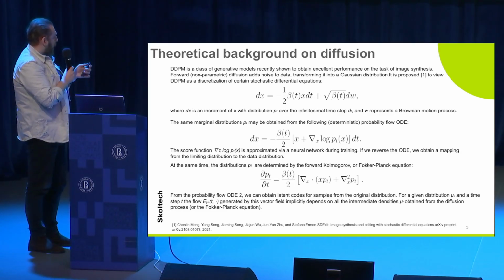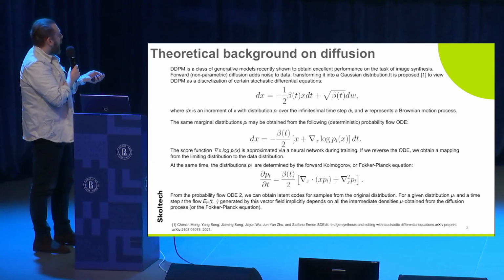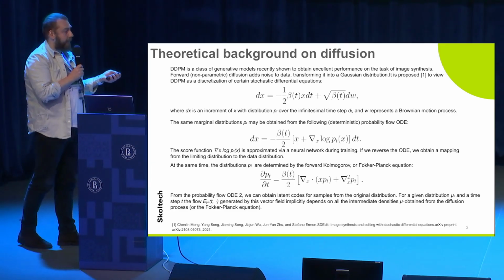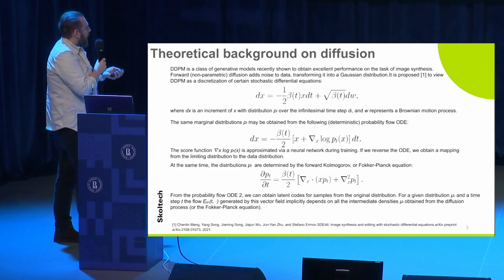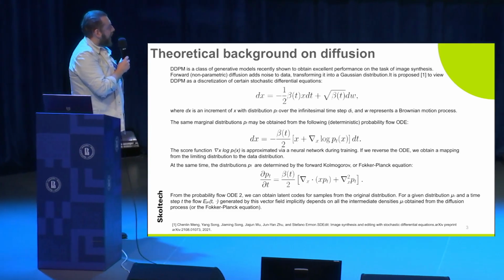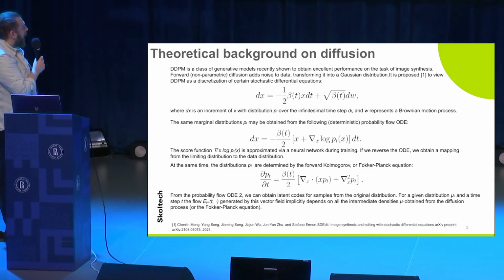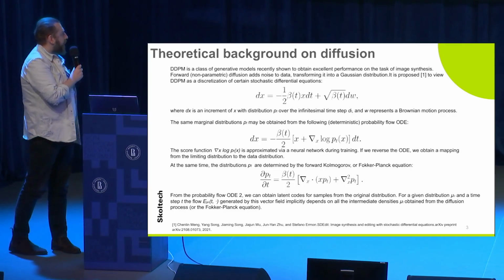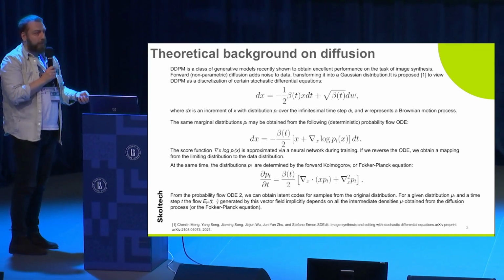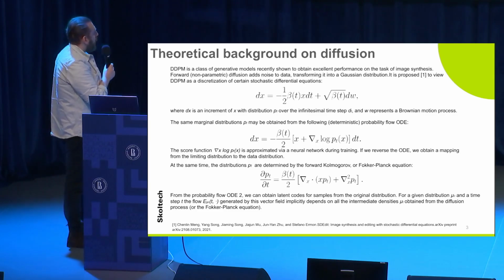But for this we need to know the distribution P. The gradient of the logarithm of this distribution is named the score, and we have a special neural network to train this score and use it to solve this equation.